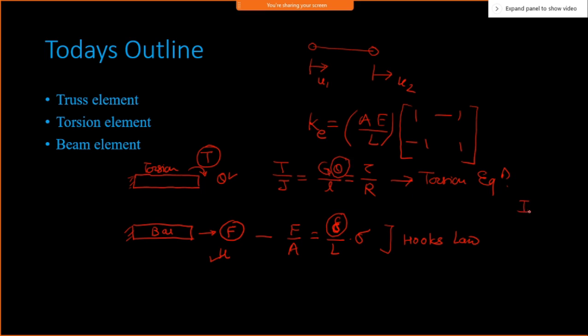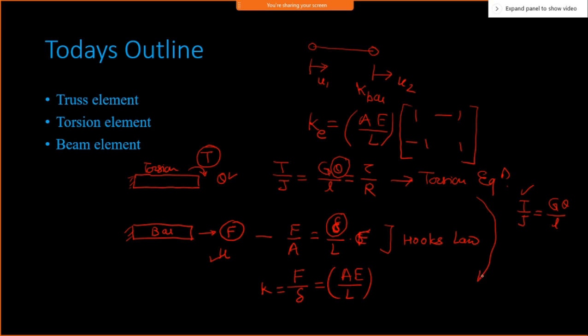T by J equals G theta by L, with T instead of F. This is nothing but the stiffness of the bar, AE by L. If I want to determine the stiffness, K equals force upon deflection, which becomes AE by L. So we got a stiffness equation.